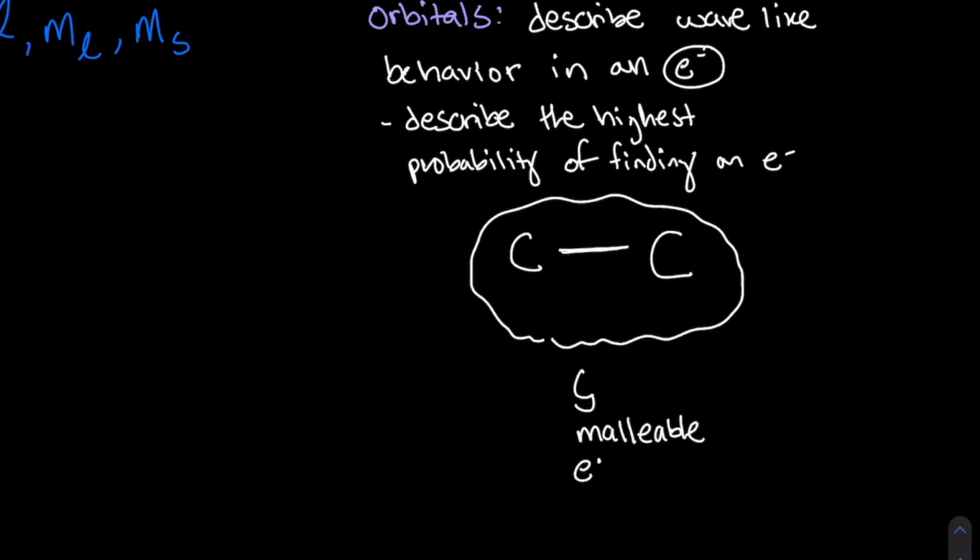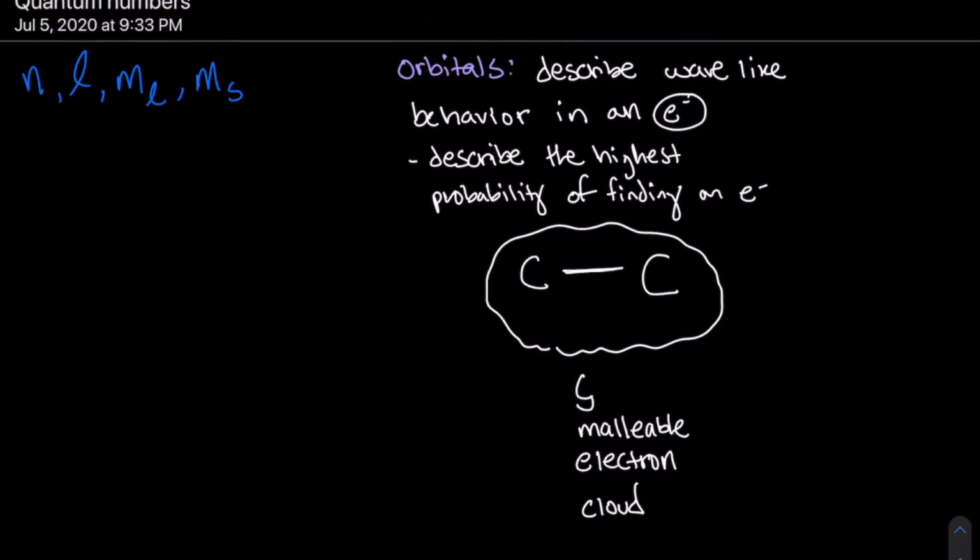They have a lot of energy, so they're moving around a lot. They're not confined or concentrated into a line between two atoms. They're kind of all around the atoms.